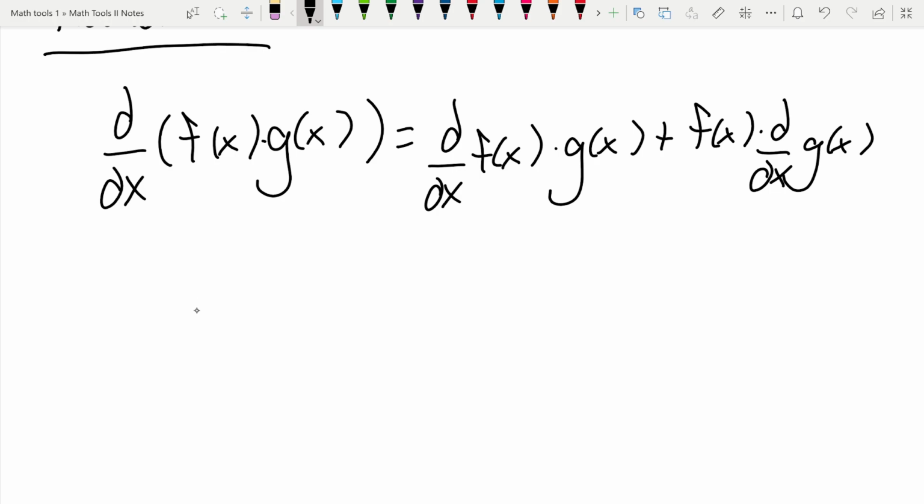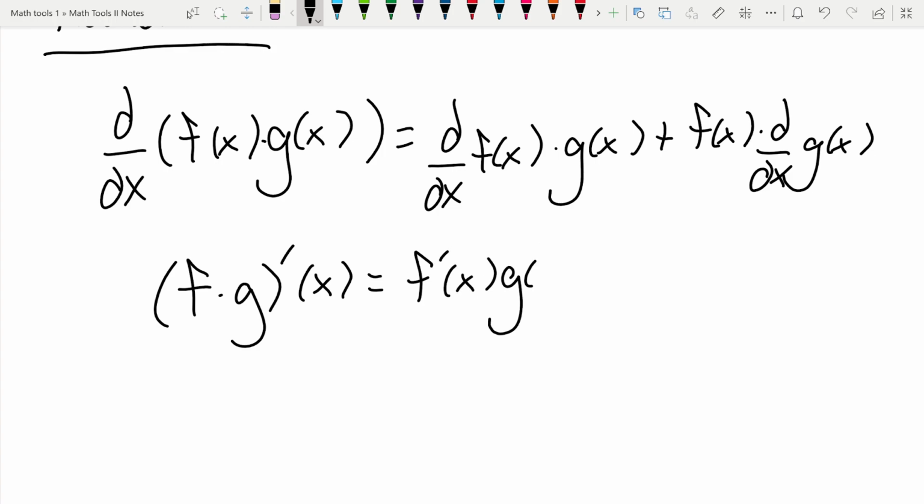So written with the prime notation, f times g prime of x equals f prime of x times g of x plus f of x times g prime of x. Okay, just so it's a little bit easier to read maybe. So it's the derivative of the first function times the second function plus the first function times the derivative of the second function. And because of the plus here, the order really does not matter.